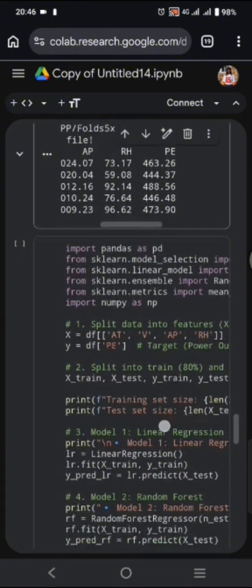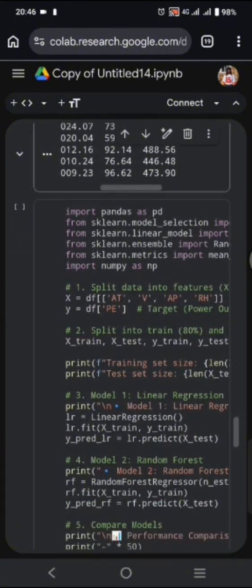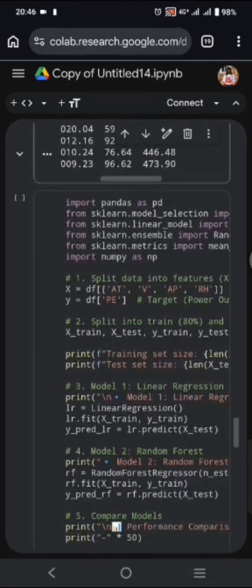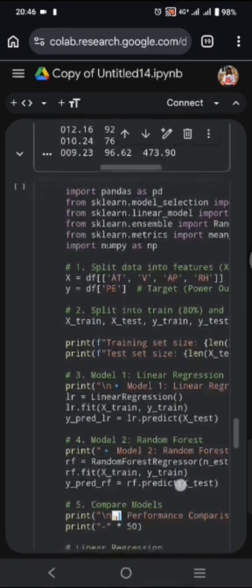And here I imported the tools I use, which are pandas for handling the data, train test split to split my data into training and test sets. I have cross validation score for cross validation.